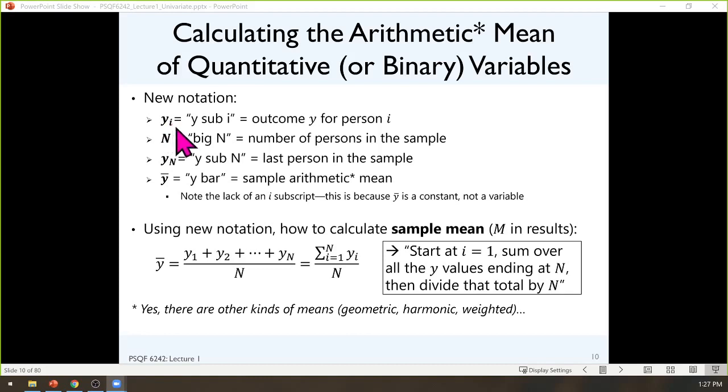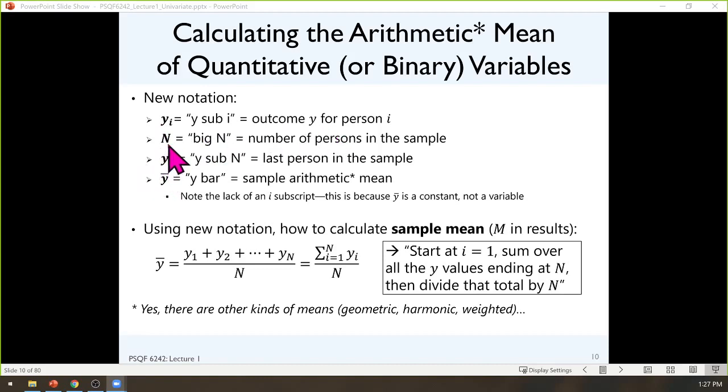Sub i, the subscript i, indicates that y is a variable that varies across individuals. If I didn't have an i on there, it would be a constant. So when we get into models, you'll see that some of the components of the model are constants and some of them are variables, and you can tell which is which based on the subscripts. So this is y sub i, the outcome for person i, individual i.